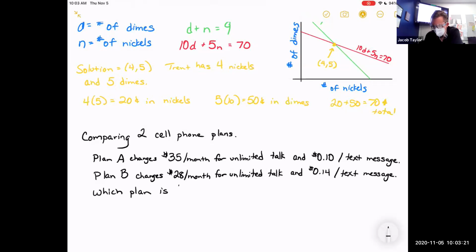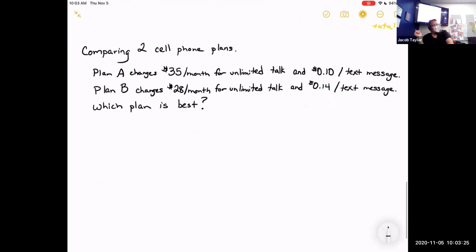Which plan is best? Now, the answer to that question is, it depends. The answer to the question is it depends on how many text messages I send.